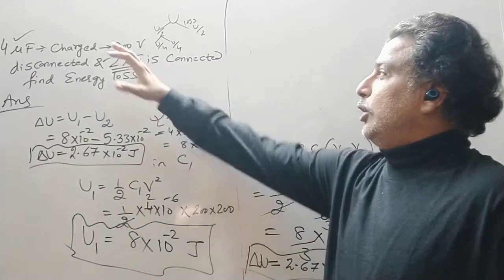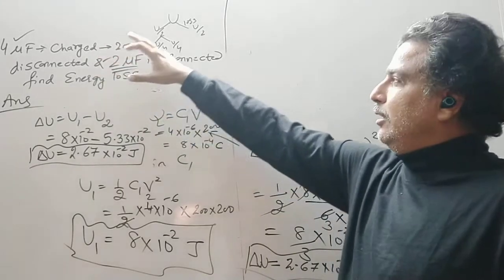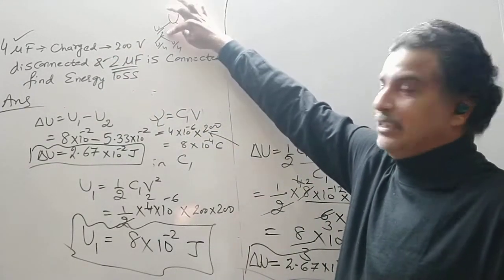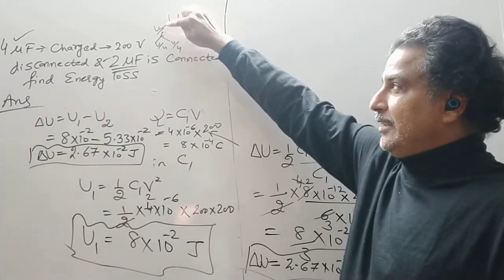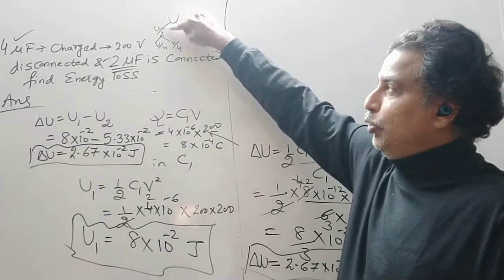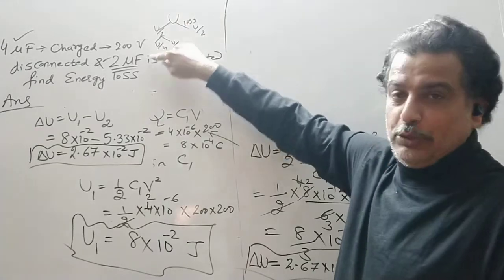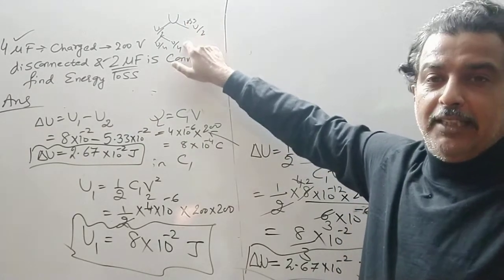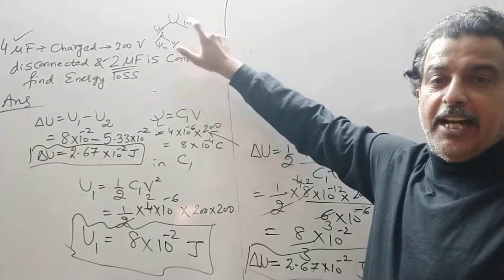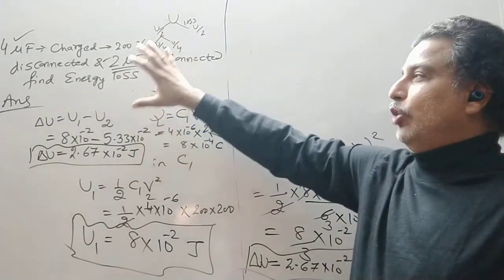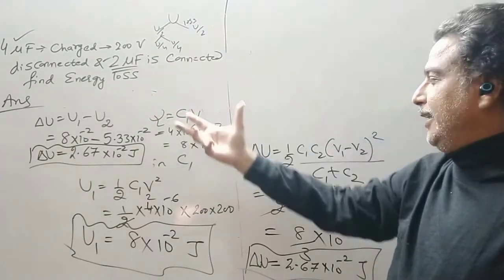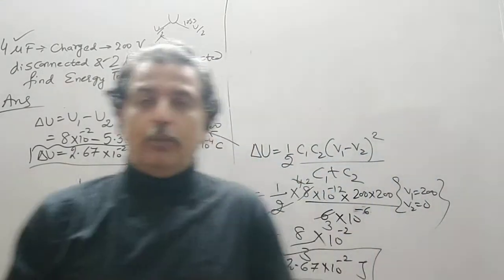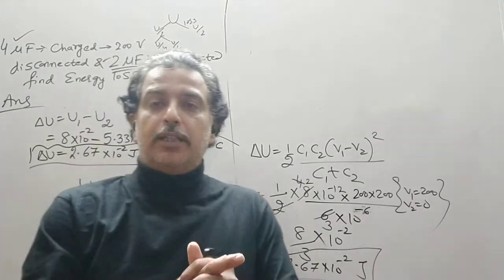When the two capacitors are identical, keep this in mind: if the total is U, half is lost and half is left in the system, that is C1 plus C2 will have U by 2 energy, and individually they will have U by 4. But this is applicable only when both the capacitors are identical. If they are not identical, then you apply the concept of a common potential, what we have discussed.